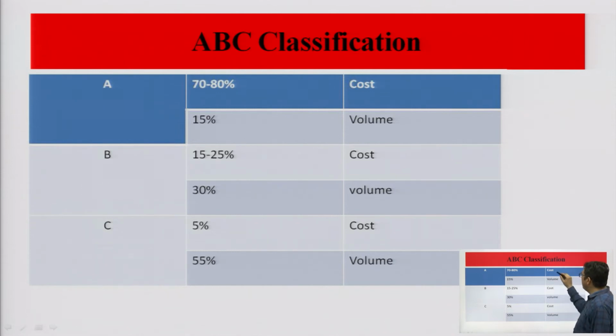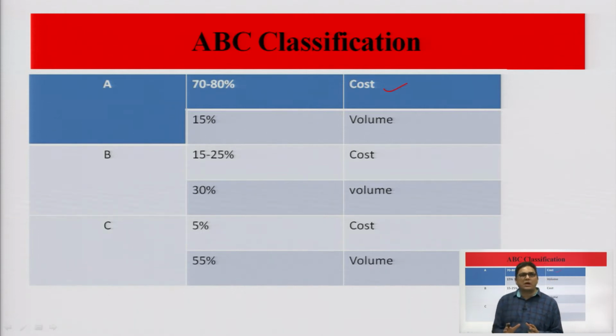This is just the criteria that I am going to discuss, how we can put goods into category A, how we can keep goods into category B, and how we can keep goods into category C. It is a broad criteria that any company or business organization can use while keeping their inventory.